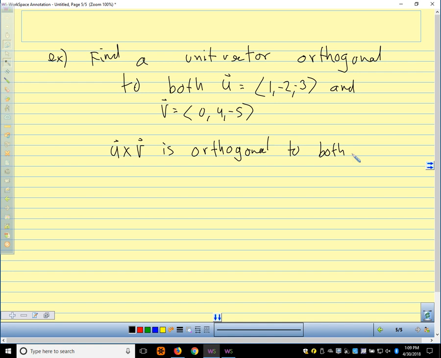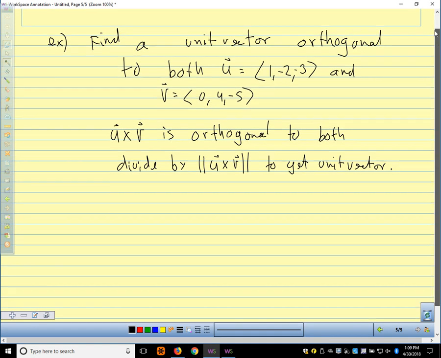So to get a unit vector, we're going to divide u cross v by its magnitude. The cross product gives us a vector that's orthogonal to both of those, and we divide it by its magnitude to get a unit vector.